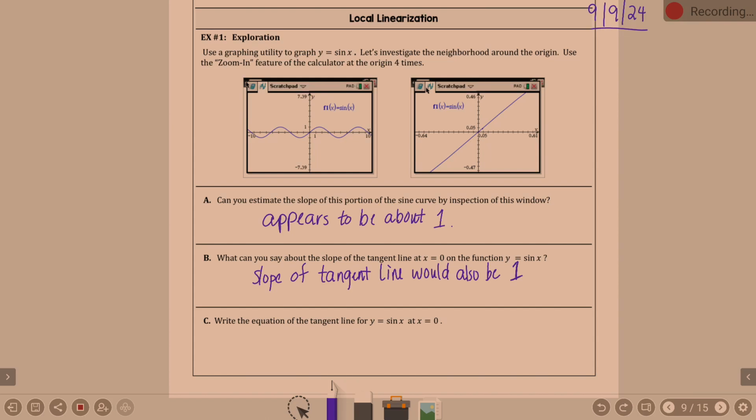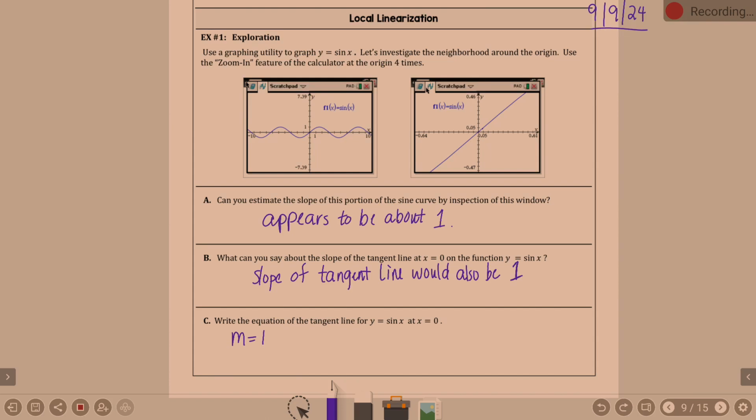Write the equation of the tangent line for y equals sine x at x equals 0. It would just be y equals 1x, because we just talked about the slope is 1.